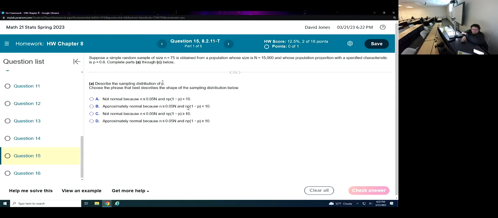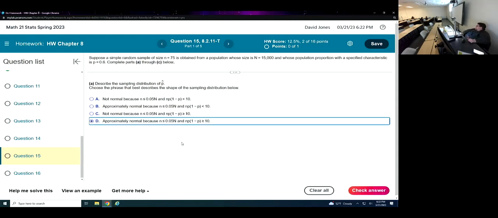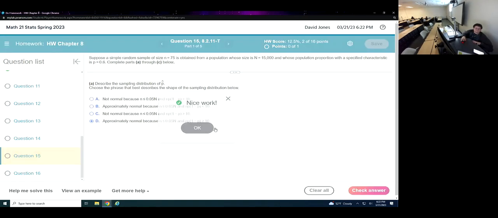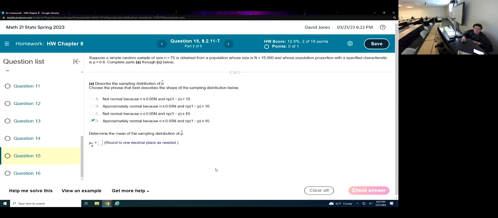And this says n times p times 1 minus p is less than 10. That's not the one we want. We want this one with the greater than or equal to symbol. So you have to pay attention to the answers it has. You have to choose the right one. The mean of the sampling distribution is the same as the proportion.